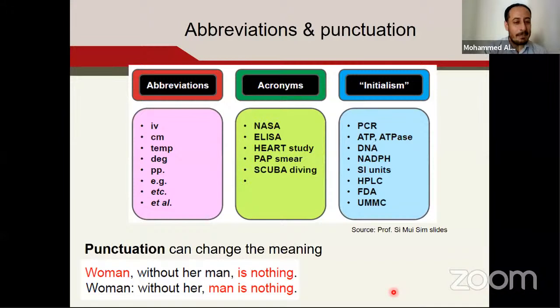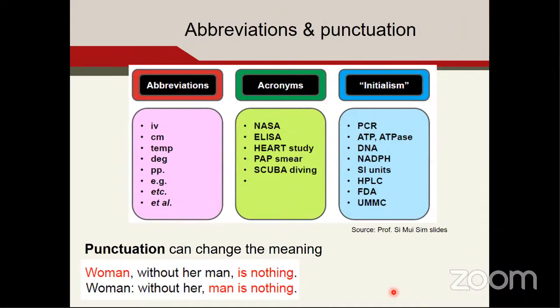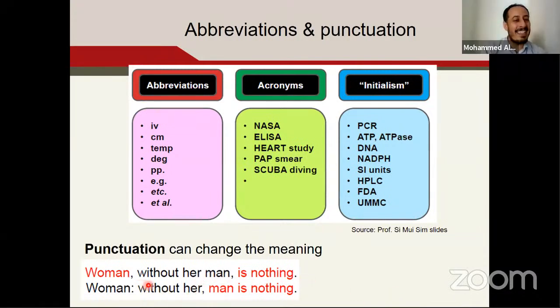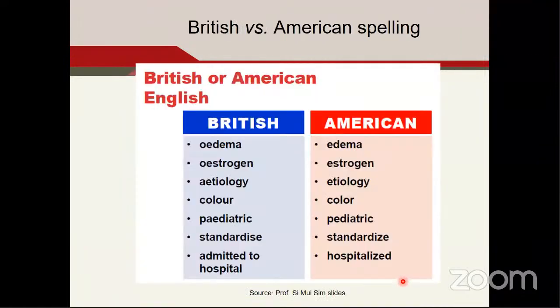While the second statement says, "Women without hair, men is nothing." What about the meaning? Is it the same or different? It's completely different. Yeah, so you see, I didn't change any words. It's only the punctuation. So please pay attention to punctuation.